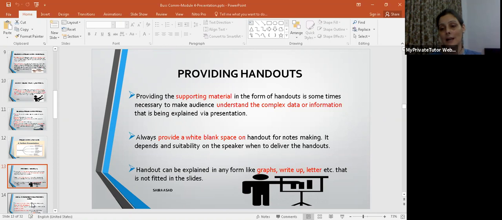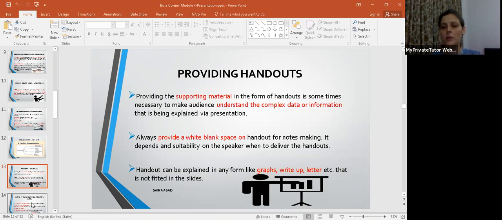the audience understand your complex data. So it is another tool: side by side with the presentation, you provide handouts to the audience. Always provide a blank space on the handout, because while they listen to you, they are also going to read the supporting material you have given.